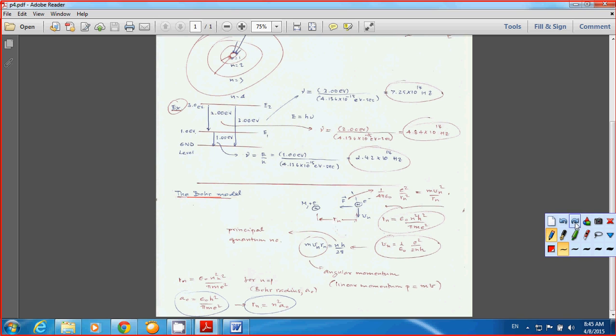Simply to be more clear, it looks like this: the electron moving in a circular motion with velocity Vn, and you have the centripetal force F.